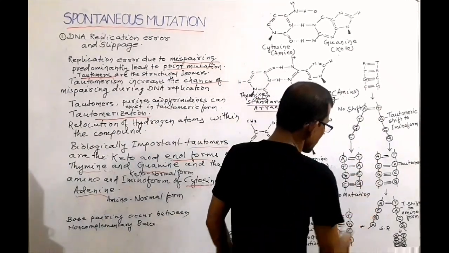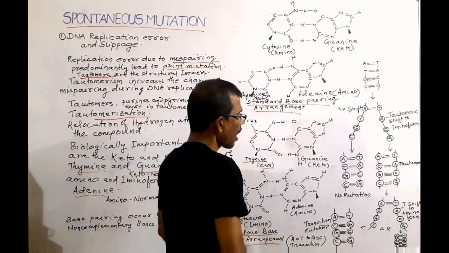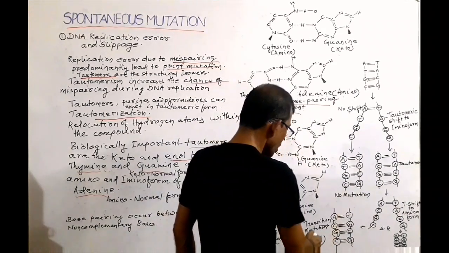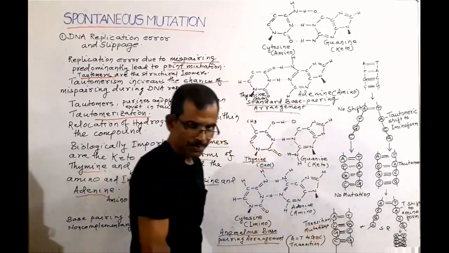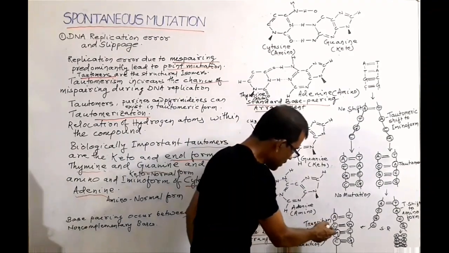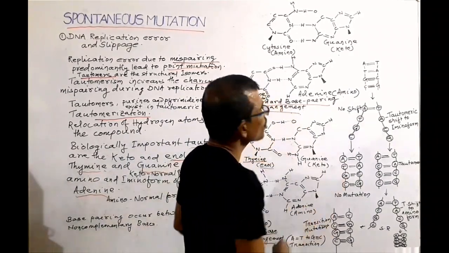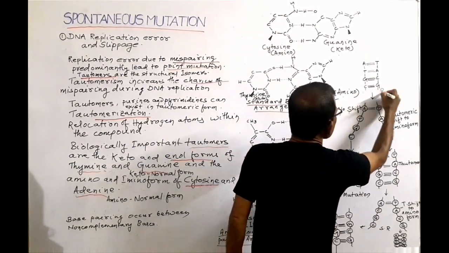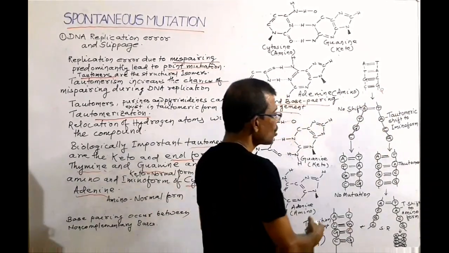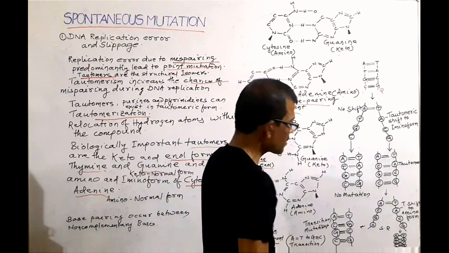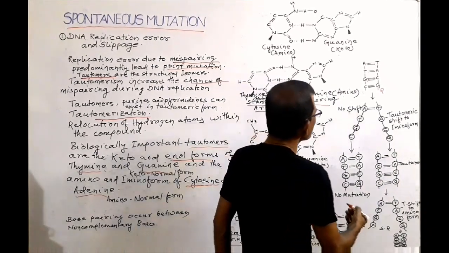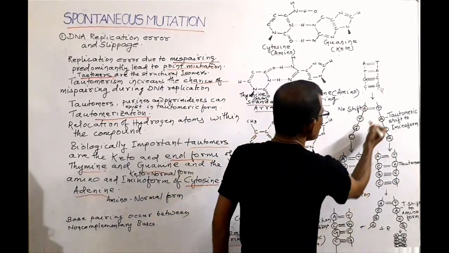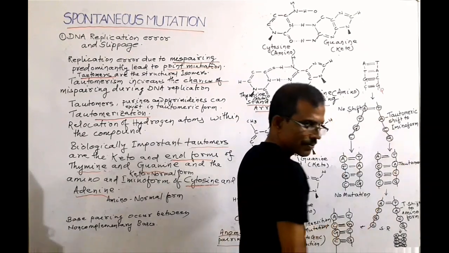Friends, in this diagram, you can see how tautomerism causes transition mutation. Transition mutation arises due to tautomerism. For example, these are the two DNA strands. So, replication is taking place, and during the process of replication, these two strands have been separated.